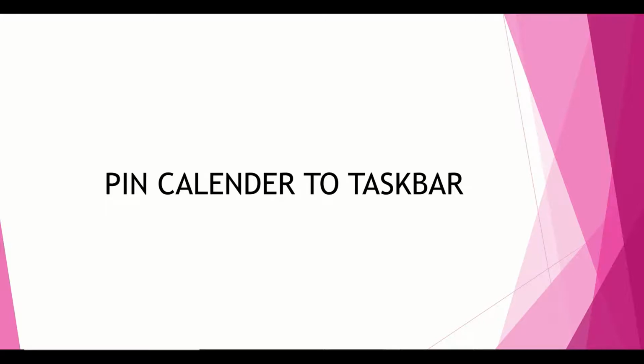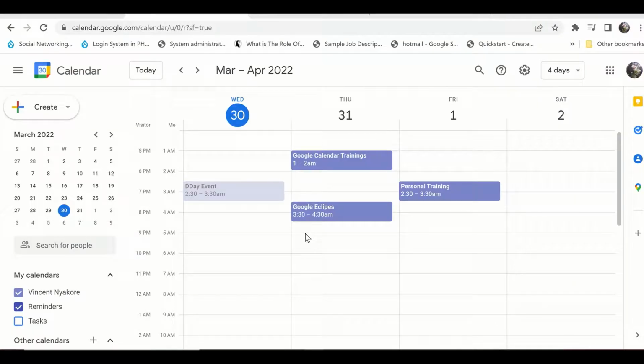So those are two aspects that you need to know. So let me take you through Google Chrome on how to pin your Google Calendar. I'll explain the two aspects on how to pin a Google Calendar using Edge and Chrome.